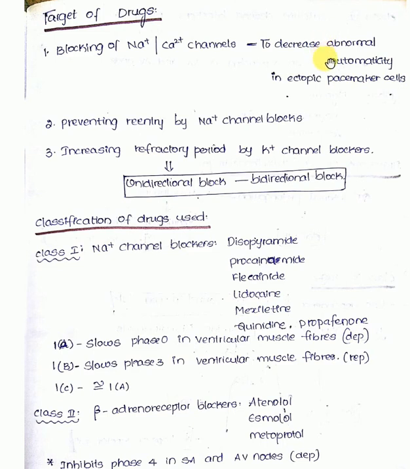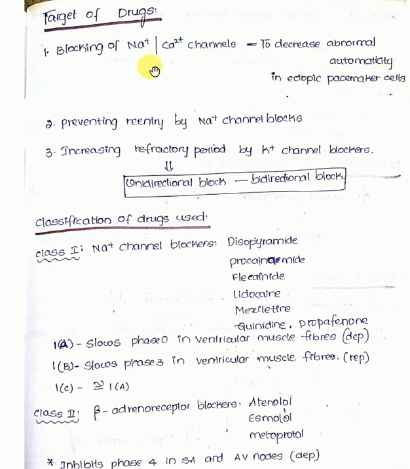This abnormal automaticity is due to ectopic pacemaker cells. Ectopic means other than the original organ. So automaticity, generation of action potential other than the SA node, is called ectopic pacemaker cells.